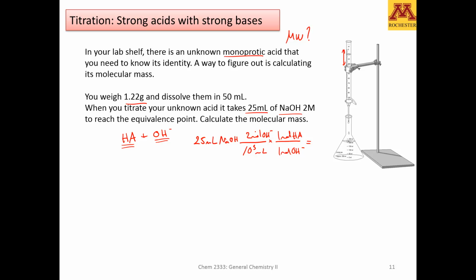This will give us the number of moles of acid. Let's do this fast. This is 50 divided by 1,000, 5 times 10 to the negative 2 moles. And these many moles were in this mass. Remember that the definition of molecular mass is the number of grams per mole. Therefore, the molecular mass is 1.22 grams divided by 0.5 moles.